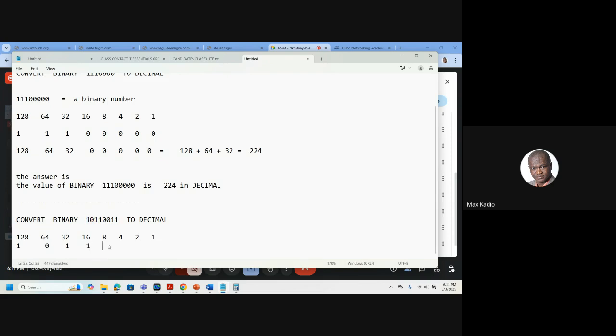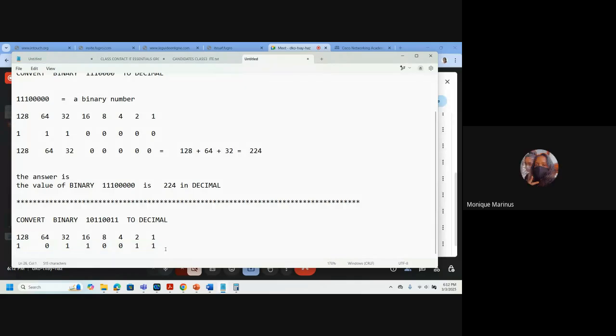So I put what here? 0, 0, and here 0, and then 0. 1, 1. Very good. And here 1 and 1. So this binary, you put it like that. What next, Monique?